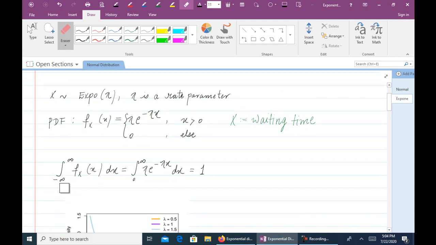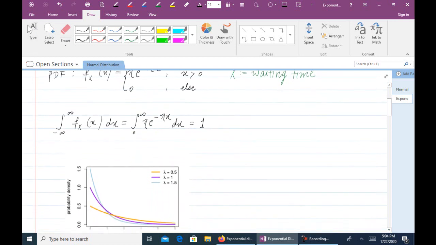In this case, the integral from negative infinity to infinity of f_X(x) reduces to the integral from 0 to infinity of lambda e to the negative lambda x dx. The reason is the density is 0 when x is negative, and this is a very easy integral to compute, and you can easily see that it is equal to 1. So this is indeed a density function.